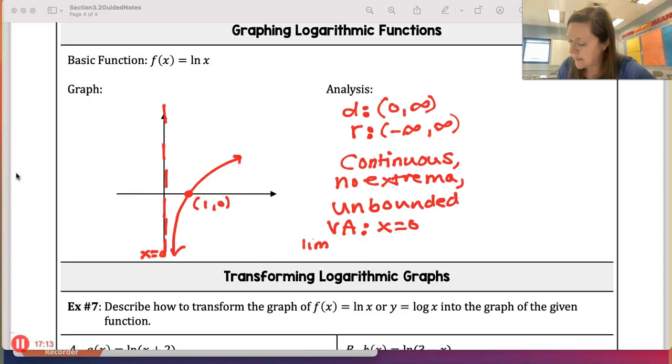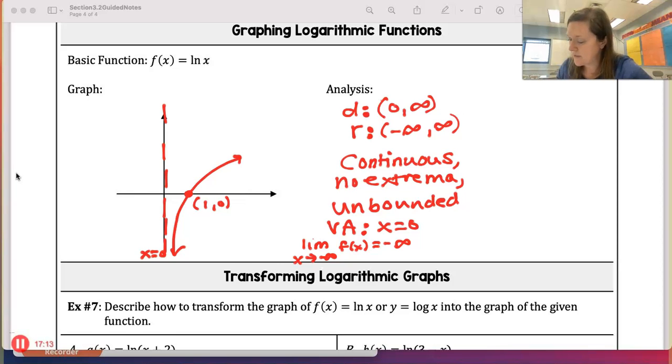The limit as x approaches 0 from the right of f of x, oh no, it's going down to negative infinity, right? It keeps going down, it keeps getting smaller and smaller. It's not going to stop.